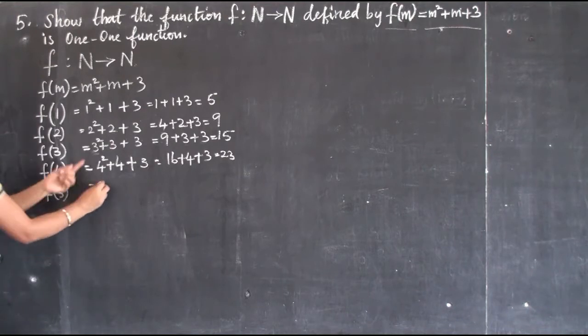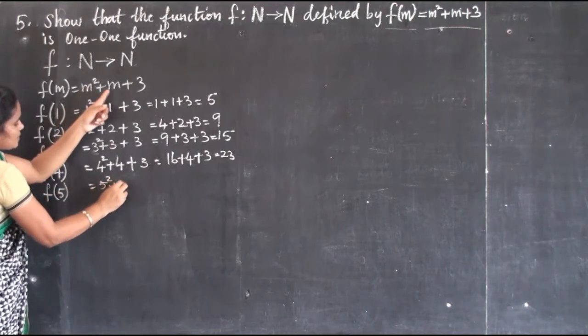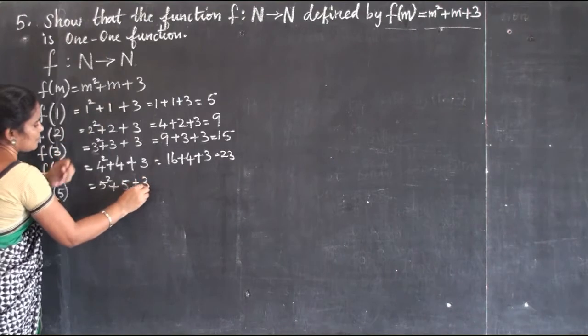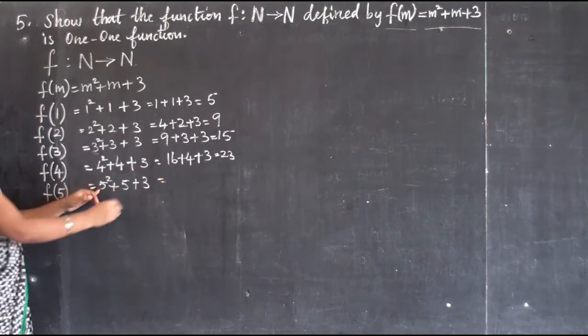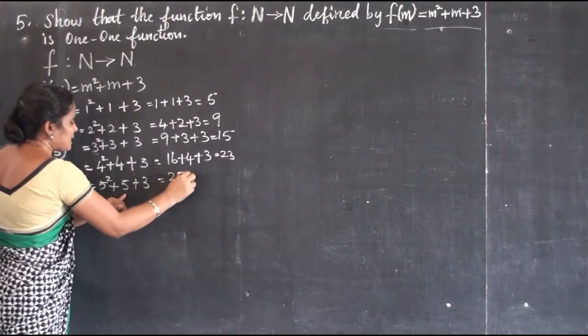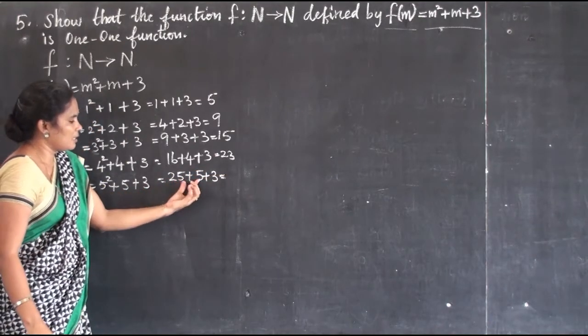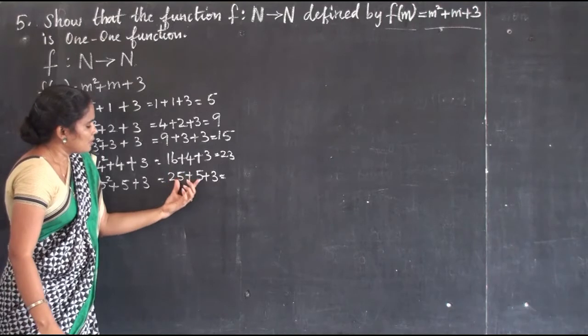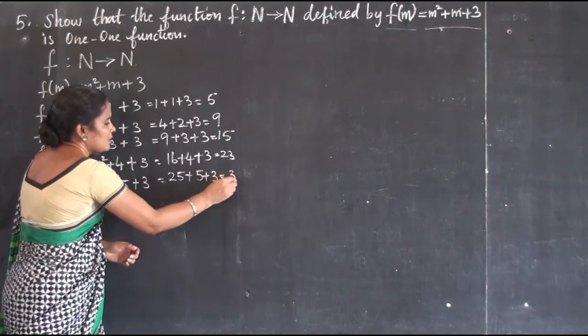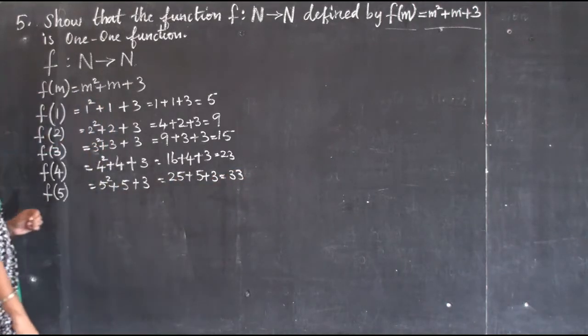So 5 square plus 5 plus 3. 5 into 5 is 25, plus 5 plus 3. So 25 plus 3 plus 5 is 30, and 30 plus 3 is 33.